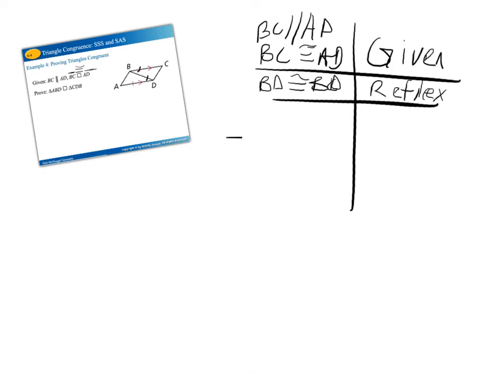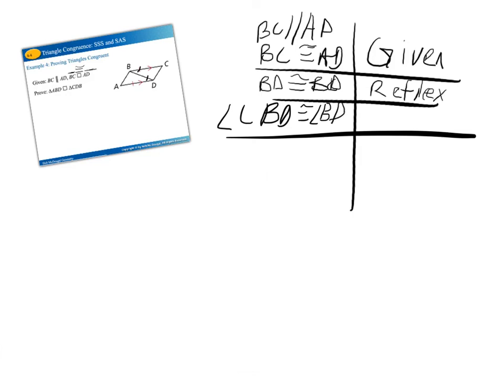So now I just say in my proof, angle CBD is congruent to angle BDA, and that's because of alternate interior angles. Now I've proven a side up here, a side right here, and an angle right here.